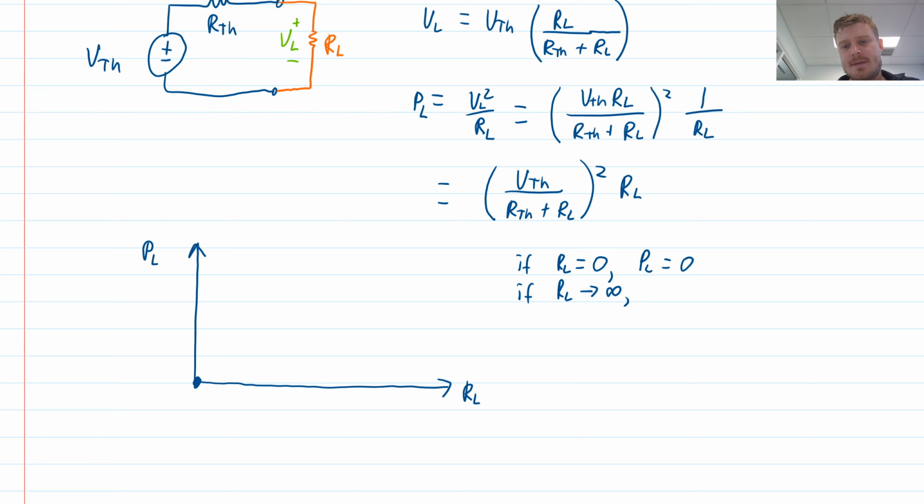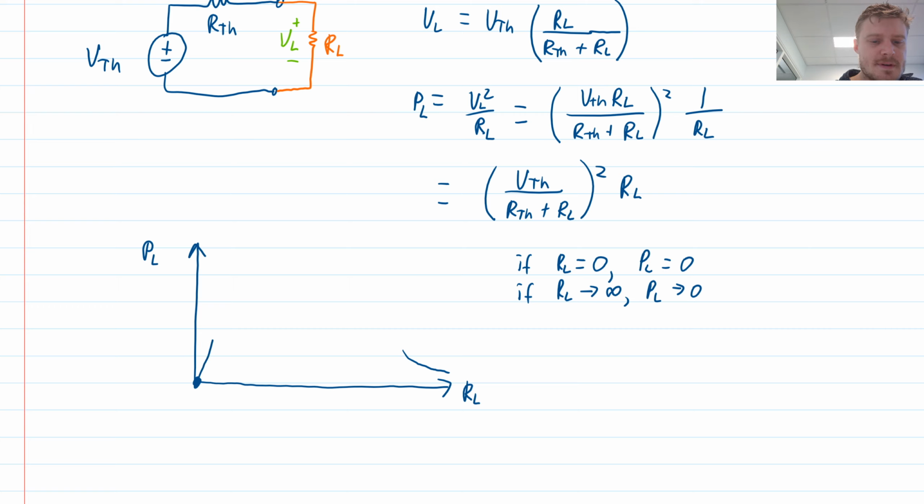Well, if you know how to deal with limits like this, you should be able to see that PL will also go to 0 in this circumstance. So we will have some sort of asymptote that approaches 0, out here on the right-hand side. And there'll be a maximum.